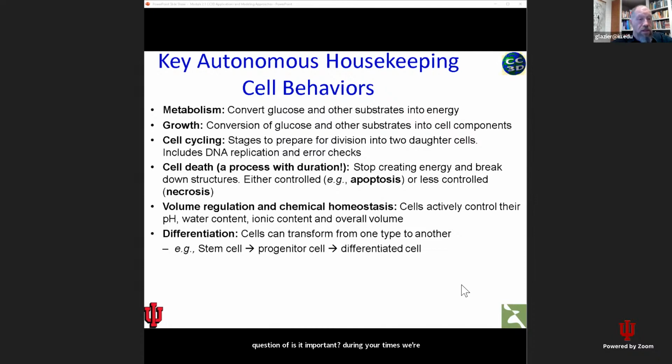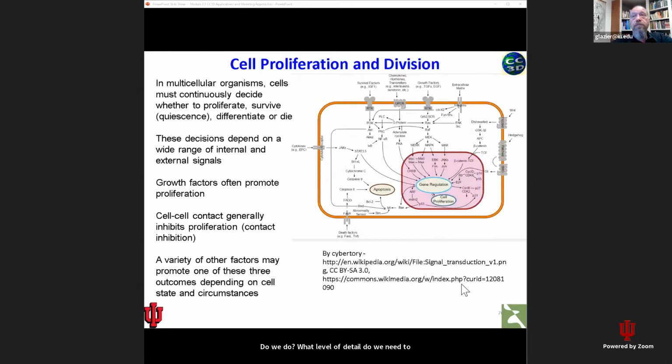What level of detail do we need to model it at? And how is it controlled? There's a lot that's known molecularly about these phenomena, but how they're integrated to give us control is not well understood.